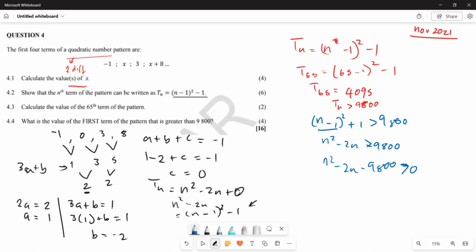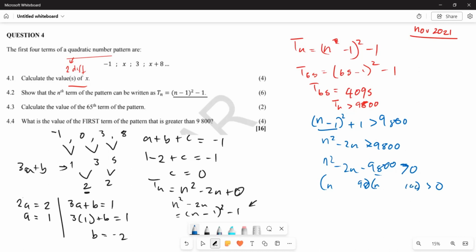You can still solve this using your quadratic equation, but you can also open your two brackets. This is greater than that. And then now, what is it that you're going to have? Here you are having your n, this is going to be your n, and then this one is the same as 98 multiplied by 100, if you are not mistaken.